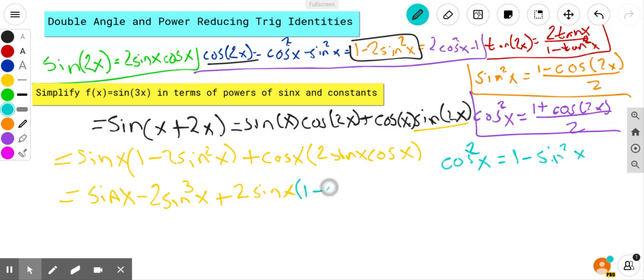Now I've effectively replaced everything in terms of sine of x, and I only have constants. My only job now is to try to clean this up.